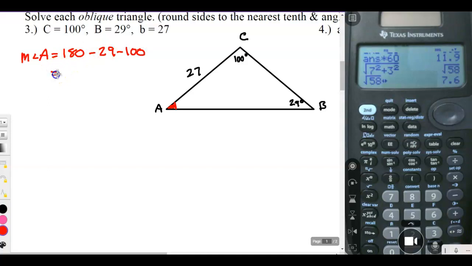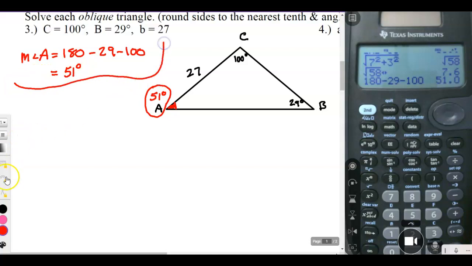Right, and then that will equal 180 minus 29 minus 100. We'll get 51 degrees exactly. There we go. So that's one part.